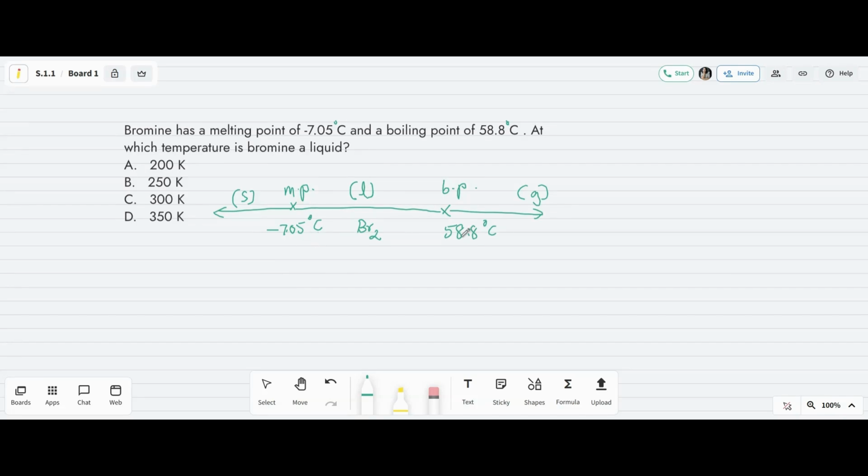Since the melting and boiling points are given to us in degrees Celsius, we need to convert them to Kelvin. To convert to Kelvin, just add 273 to the temperature in the degree scale. The melting point in Kelvin is 265.95 Kelvin.